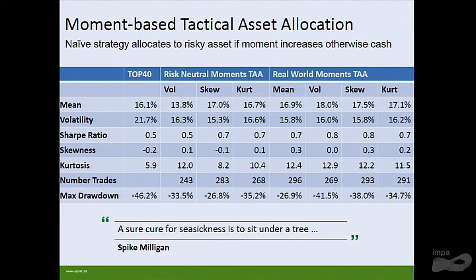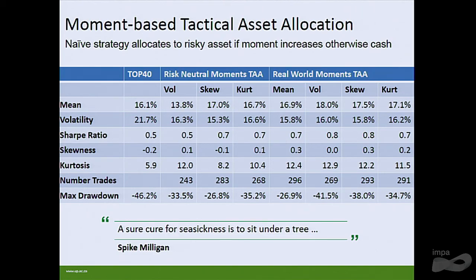So the numbers that we get here show the following. From the top, this is just holding the Top 40. The mean is about 16%, and the volatility of that is about 21%. If I look at the risk neutral moments strategy, if I just look at volatility, I underperform just holding the stock.